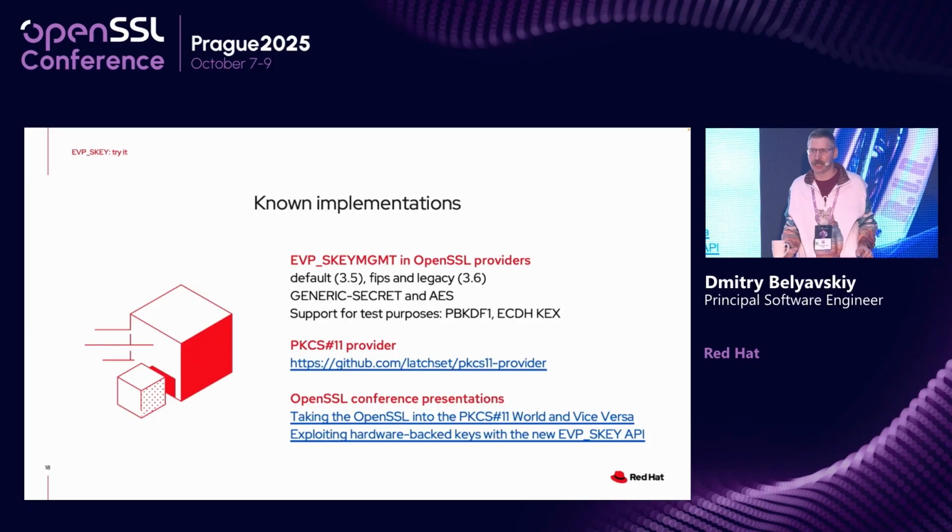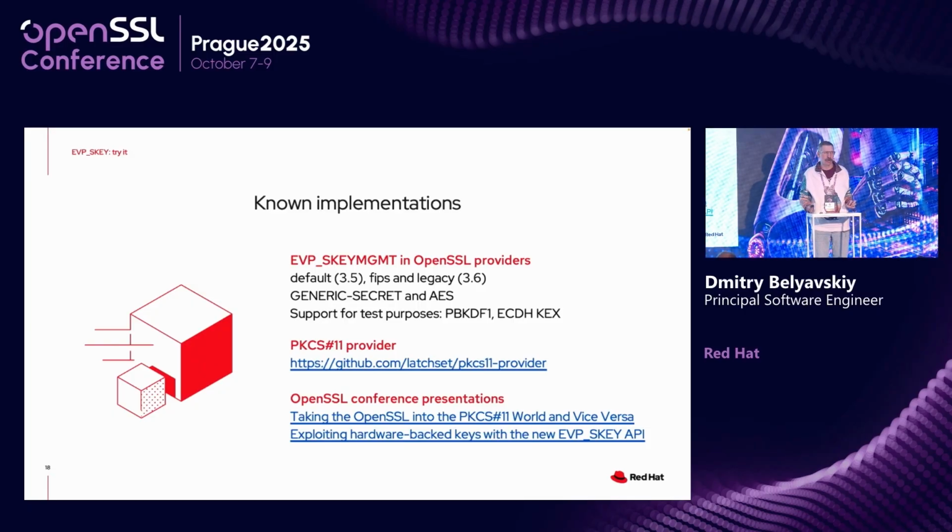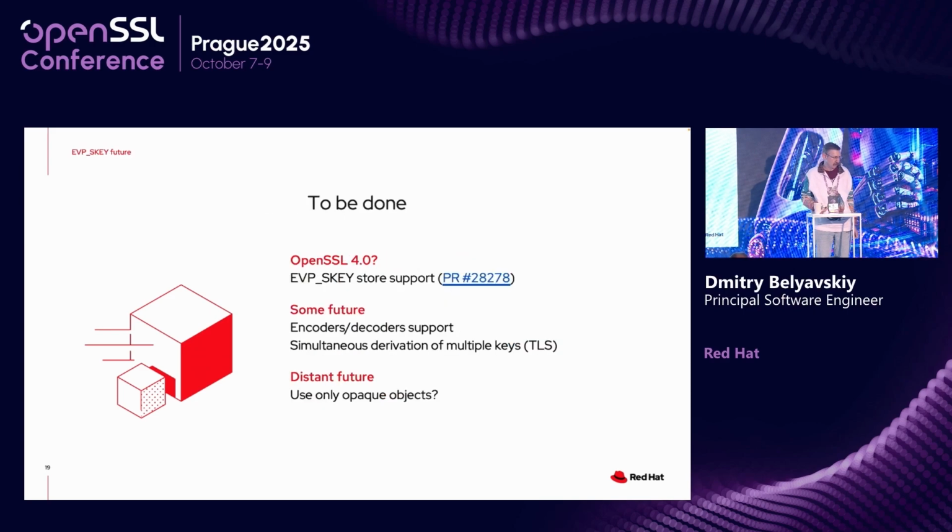There will be a presentation by Holger, if I'm not mistaken, on Thursday, that implements hardware-backed keys in a provider that is different from the OpenSSL provider. So it means that the implementation is not that bad. It at least passes smoke tests.